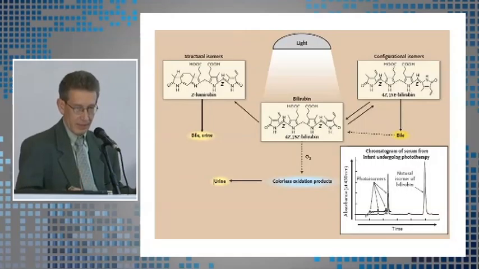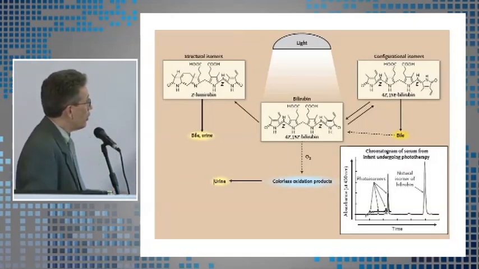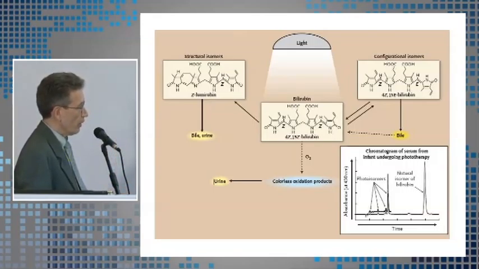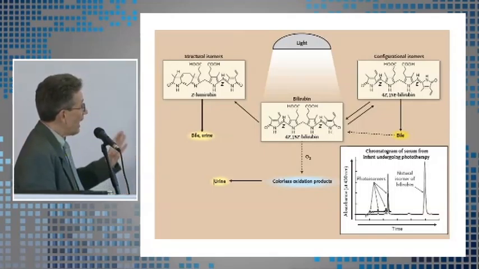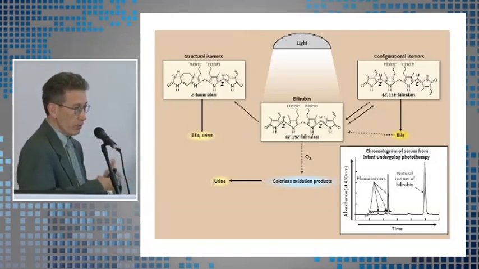So it's not a matter of conjugation through the enzyme. In the main, there are two isomers. One is called configurational, the one you see on the right-hand side, that is mainly present in the bile, and the structural isomer, which is present also in the urine, and it's also called lumirubin.